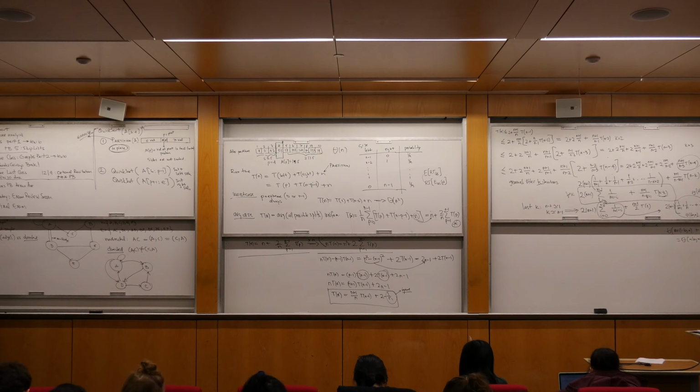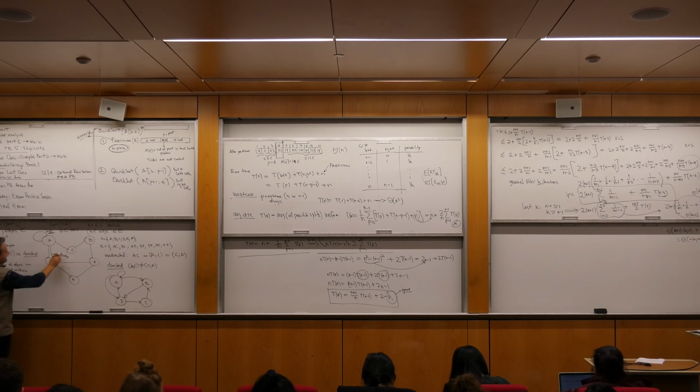What else do we have? We have path: a sequence of edges on incident vertices. So in this one here, I have a path.